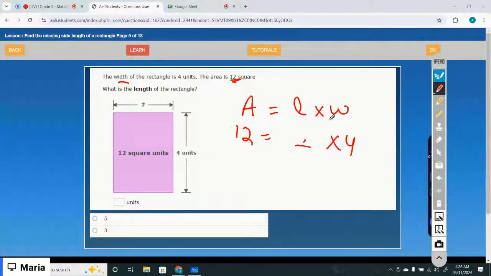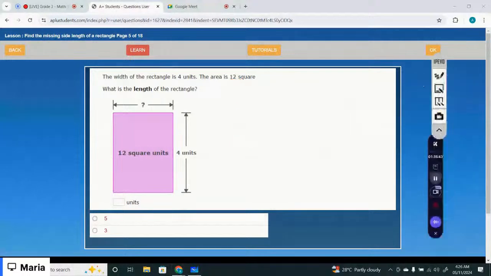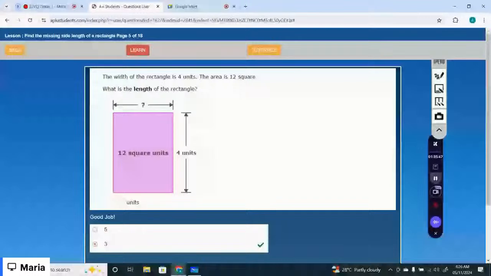You have to do 4 times 3 is 12. So that means the length is 3. The correct option is 3. Option number 2 is the correct option. If you have a question, you have to ask the question, right?